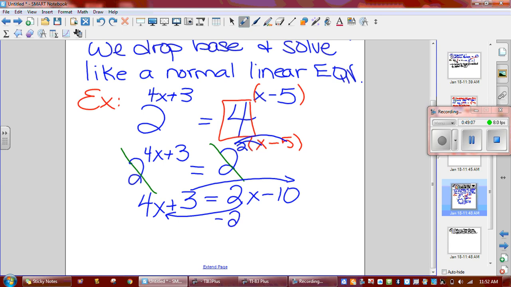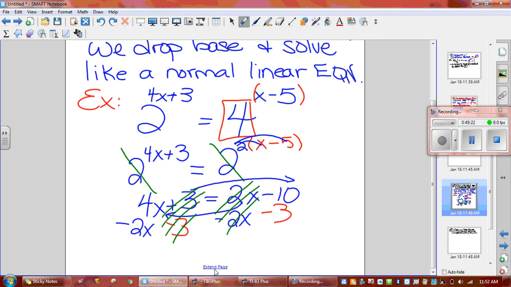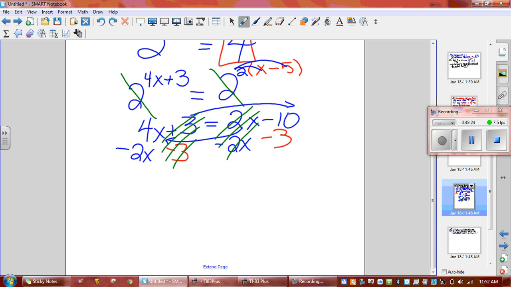So we're going to minus 2x to both sides, and we're going to minus the 3 to both sides. And that's going to move them sides. So now the 2x disappears on the right, and the 3 disappears on the left. And we add like terms on both sides.